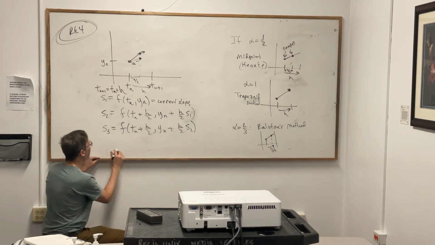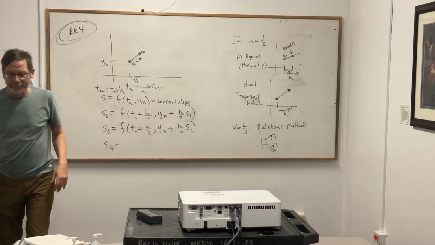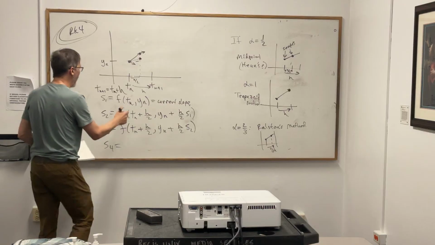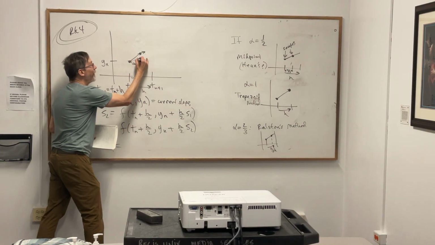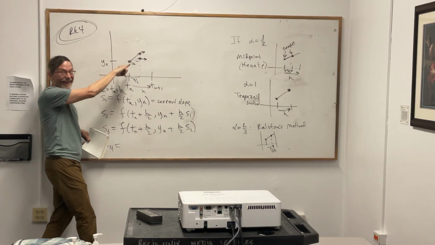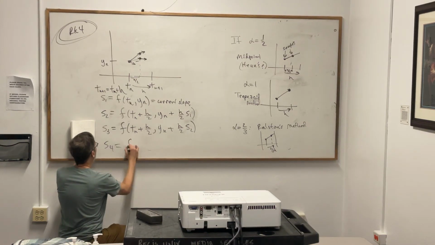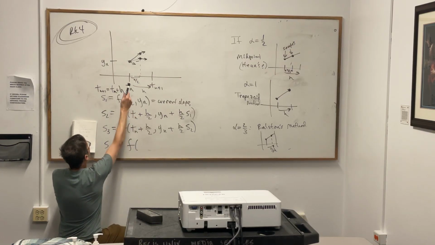S4 is going to use S3. So now we're grabbing the slope here, now we're grabbing the slope there, and what we're going to do is compute what our slope would be using that slope.